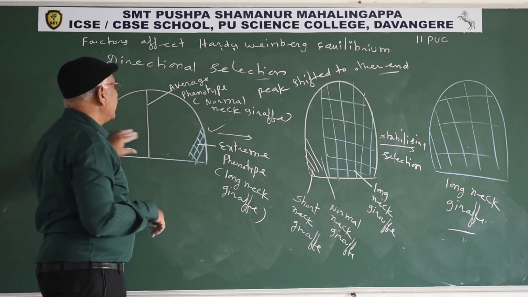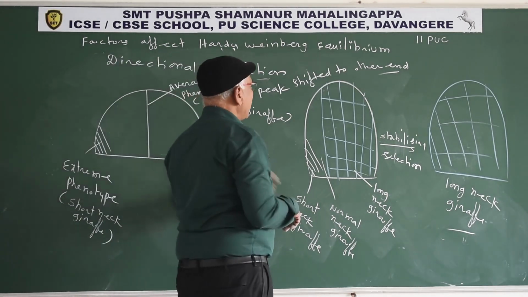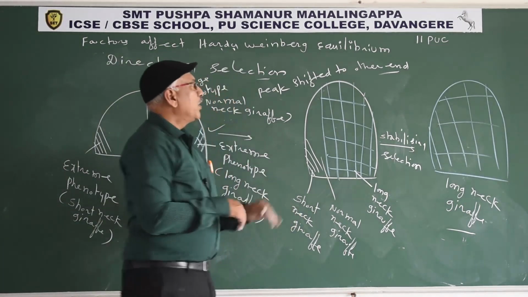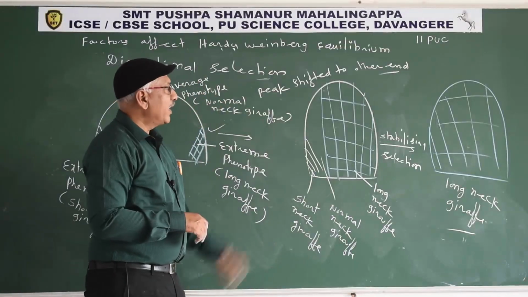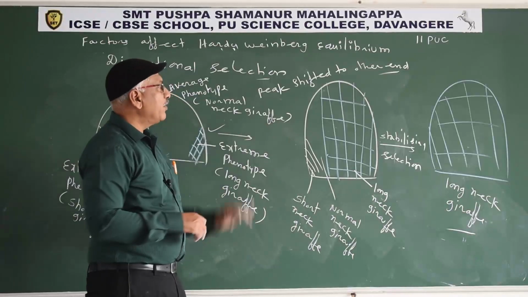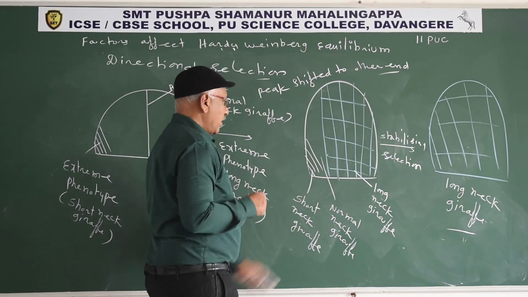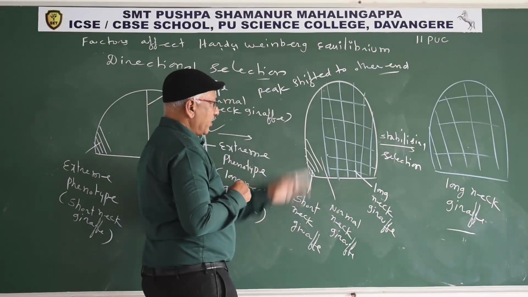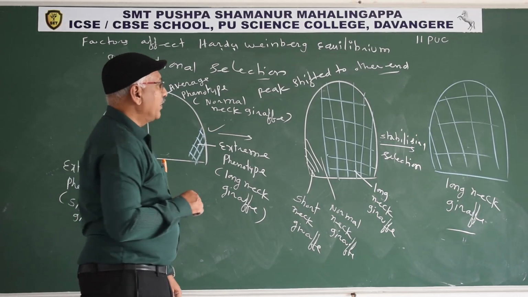Previously the average was the normal neck giraffe. So due to operation of directional selection, the peak shifted to the other end, and most of the individuals possess a long neck. So long neck becomes the average phenotype. So now the two extreme phenotypes are short neck giraffe and normal neck giraffe.